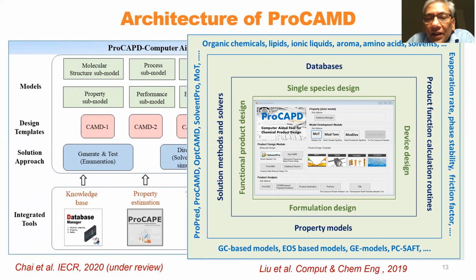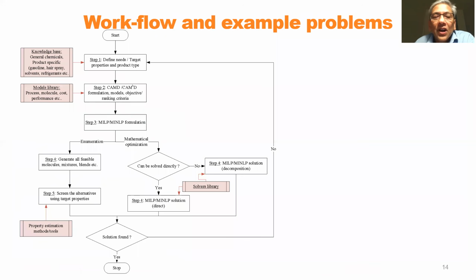And then these are included in the ProCAPD software, where we can do single species formulation, functional products, devices. They all need databases, solution approaches, property models, and they are all integrated in an efficient way.